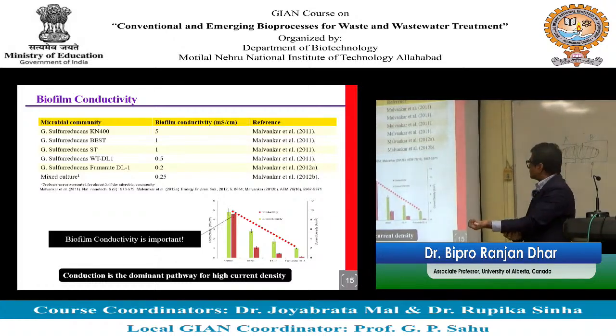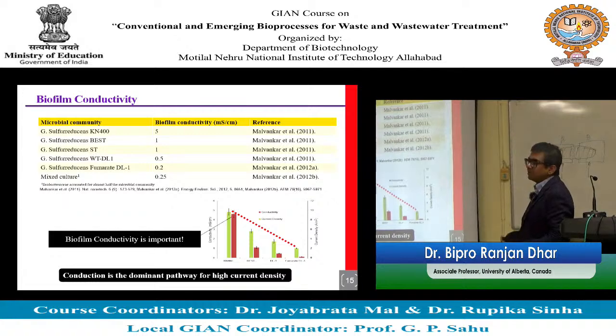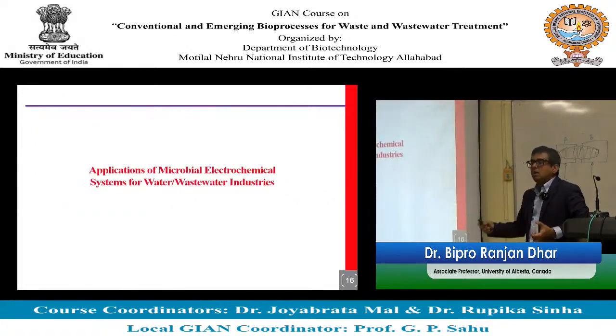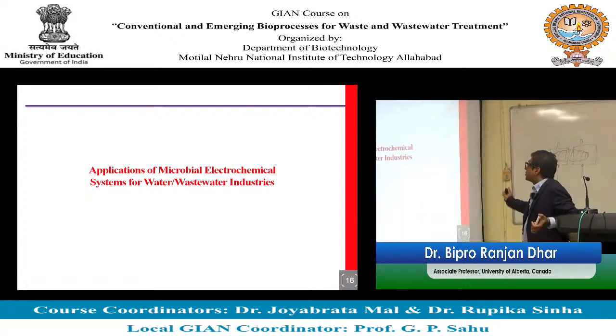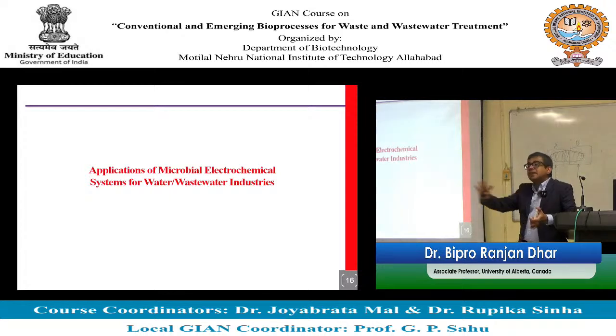Before I jump into the next topic: we have talked about the fundamentals, how this thing works. Now we are going to talk a little bit about applications, and the third topic, the majority of the portion, will focus on microbial kinetics. We learned microbial kinetics on day 2 for the activated sludge process.